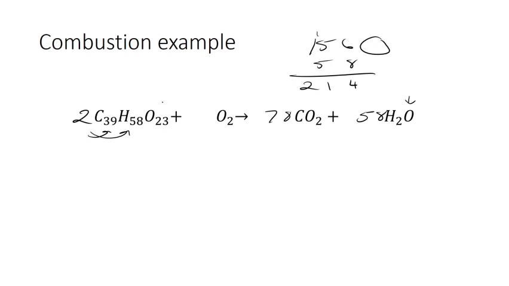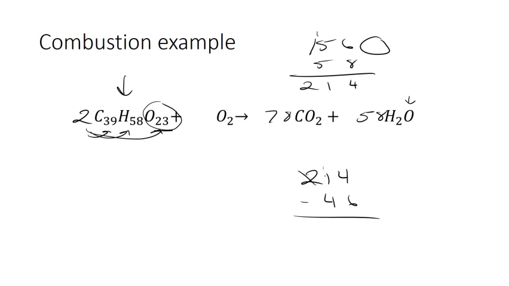Now, we have to remember that we have oxygen in our hydrocarbon, right? Hydrocarbon, it's got carbon, hydrogen. So what happens is we subtract the amount of oxygens here from our total, all right? So remember, we don't have 23, we have 2 times 23. So 46, right?